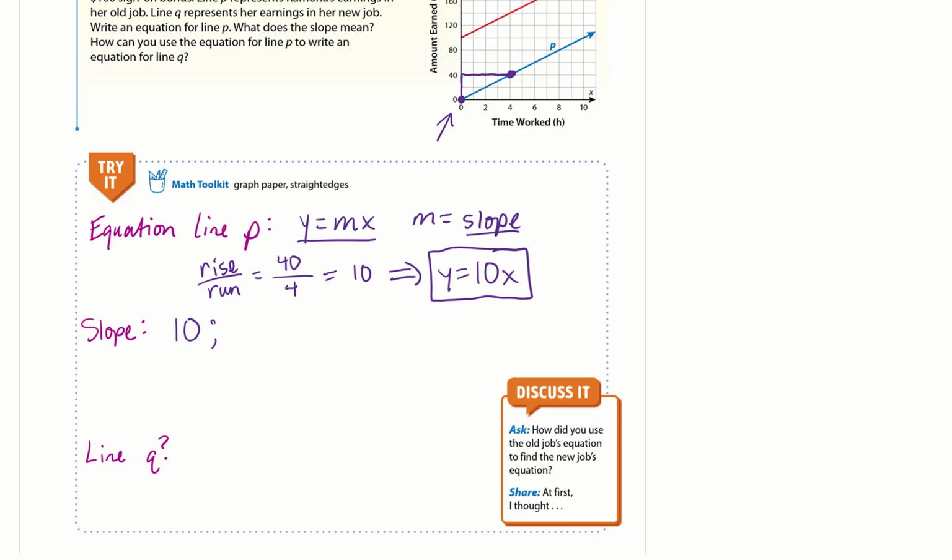And then as far as what that means, if we look at your x and y axis, we've got time worked in hours and your amount earned in dollars.